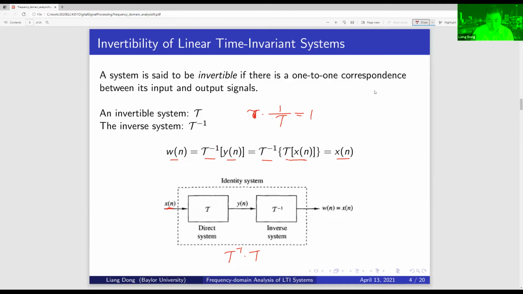What should that be? In the frequency domain, that is 1, as we said here. What is this in the time domain? We call this entire system H, the entire box.